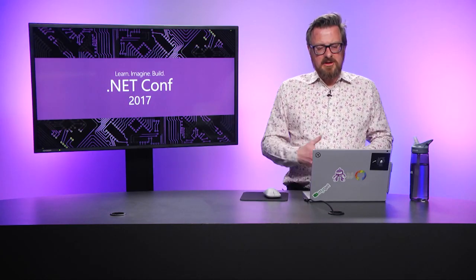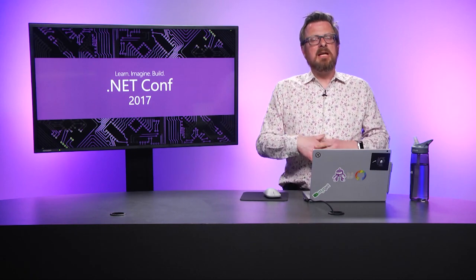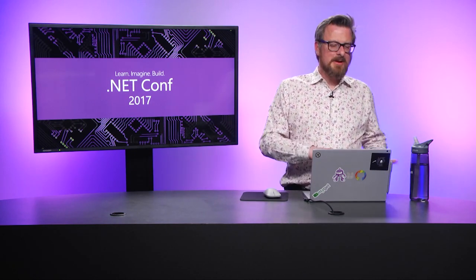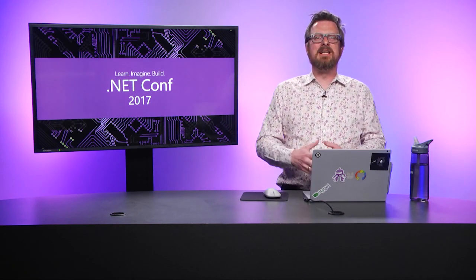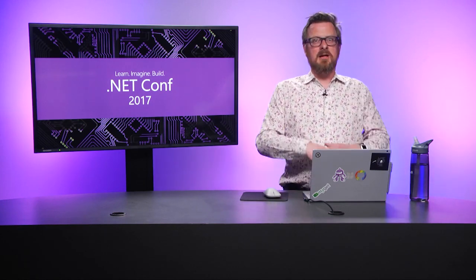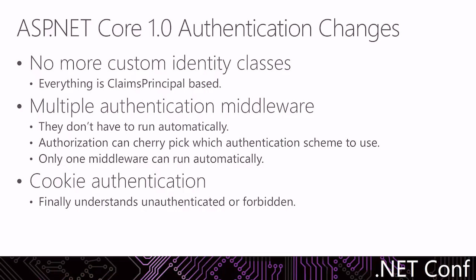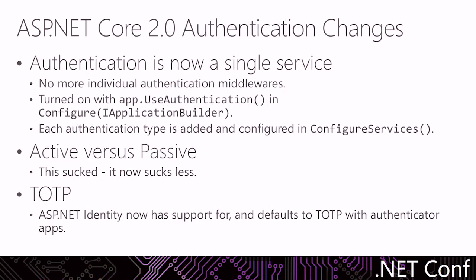And for those of you who are using cookie authentication and were irritated with us in the .NET Framework because we did not understand the difference between unauthenticated and forbidden, we finally added that in .NET Core, which normally gets a cheer from an audience when there is actually an audience. So, because we kind of messed up the architecture in Core 1, we changed things a lot.